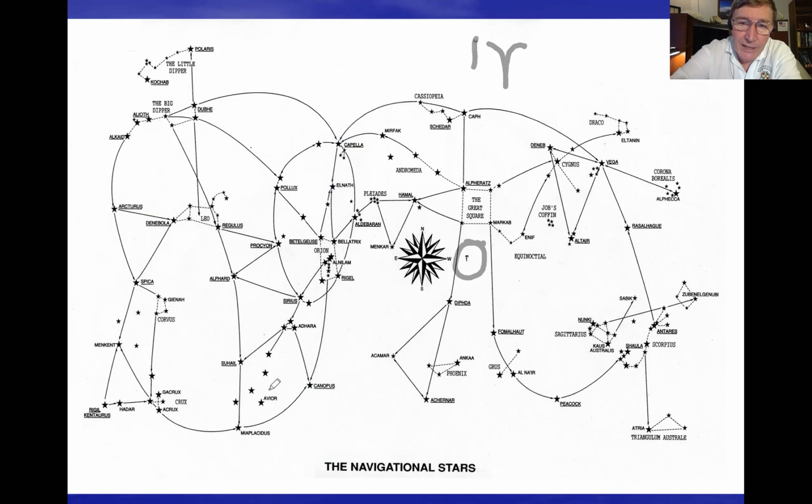If we draw a vertical line through that symbol, this vertical line is basically the celestial prime meridian. This is the equivalent of 0 degrees longitude for the sky. When we're measuring how far east or west a star is, we'll just measure how far it is relative to our origin here.